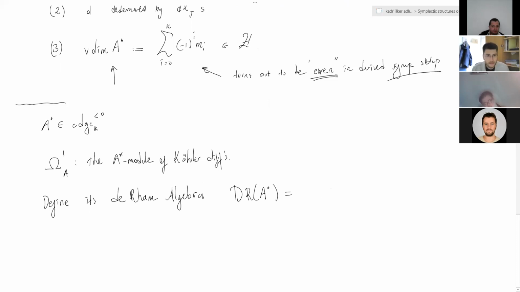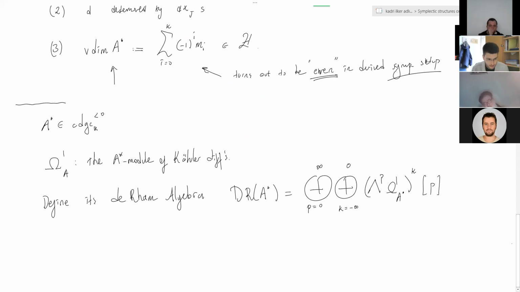And this is defined like this: p from 0 to infinity and k from minus 2 to 0, the exterior power of this A dot. And we have other graded pieces, and we have some shift, which is not important at this stage.